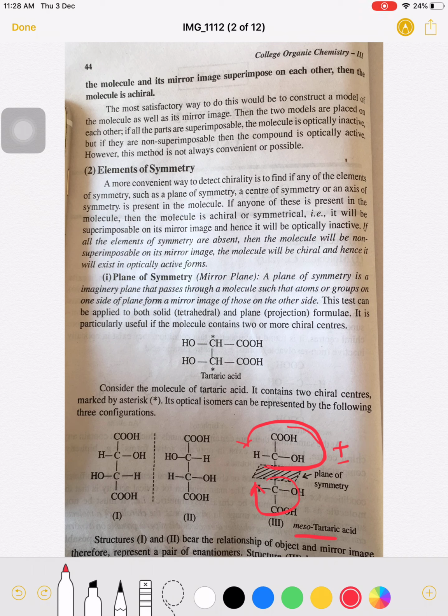Suppose the rotation made by the upper chiral carbon is plus 50 degrees, the lower will rotate to the negative side, negative 50, then plus 50 and negative 50 cancel out, and because of that the optical rotation shown by this meso tartaric acid is 0, and the molecule is optically inactive because of the presence of internal compensation.